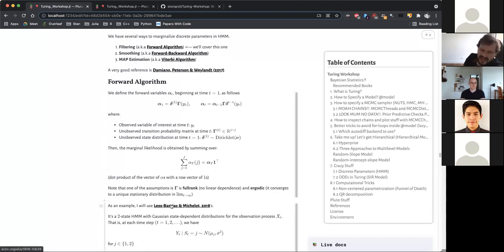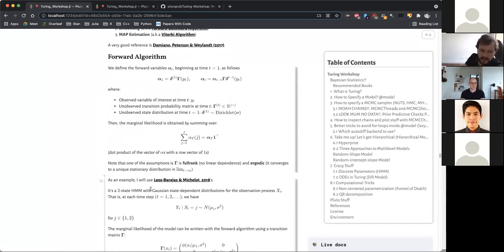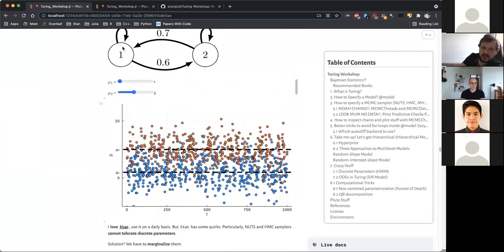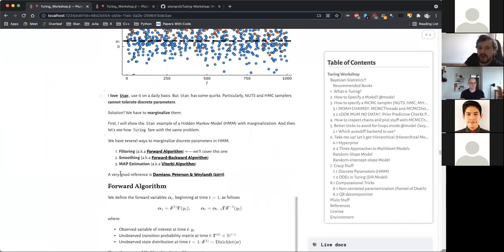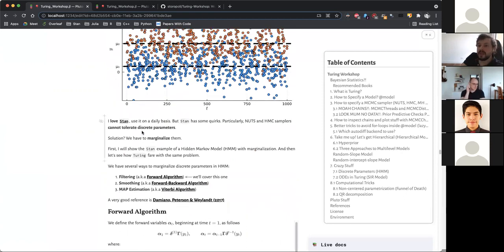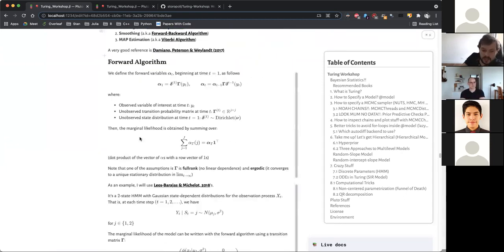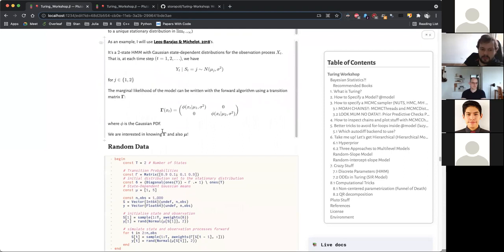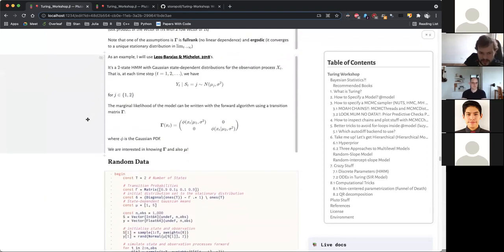And this is the example from Luis Barajas, and they have the whole Stan model there. It's a two-state hidden Markov model. It's actually this one here, with mu1 as 1 and mu2 as 5. So it's this model here, with this randomly generated data. And we need to know what the means of the states are. So in Stan, we would code something like this. Where is the Stan?